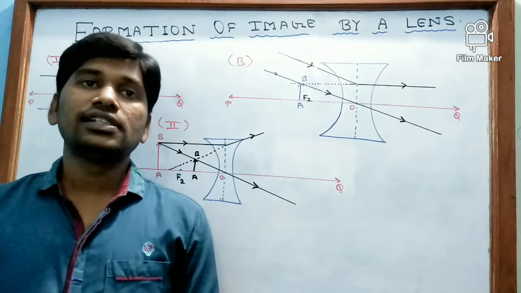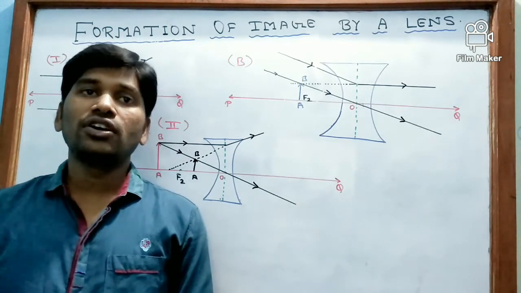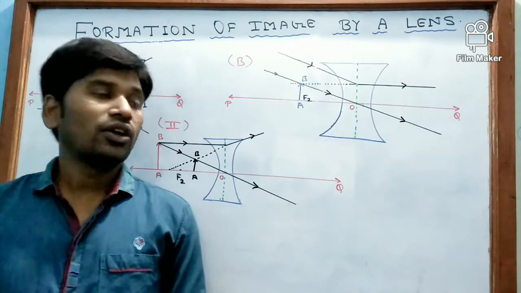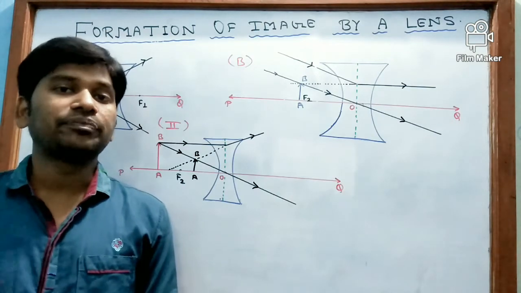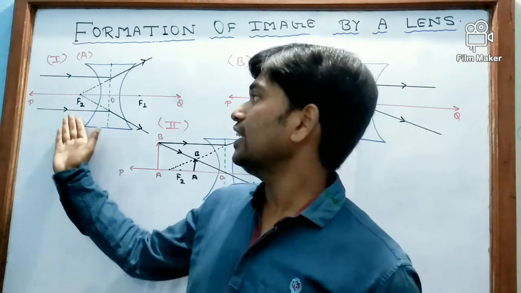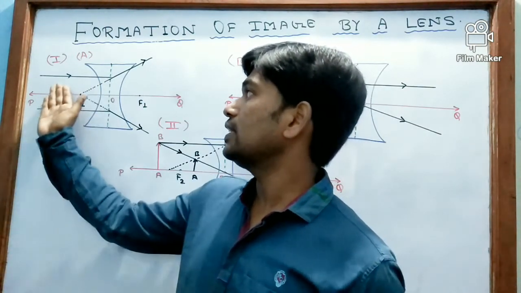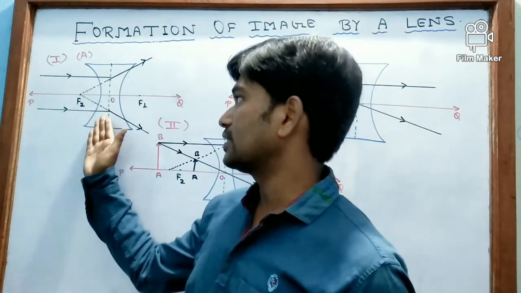Let us see the characteristics and location of images for a concave lens. When the object is at infinity, the rays come parallel, incident parallel to the principal axis on the lens.